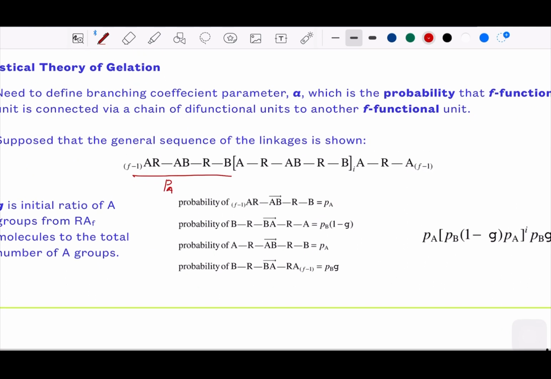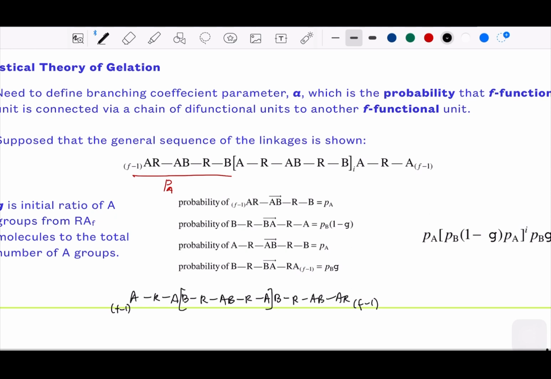So let me write for you. A, R, A, B, R, A, B, R, A, R, A, B, R, A, B, R, A, R. The same sequence, but I write from the right to the left, to see how it works.